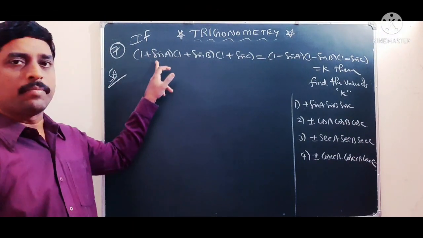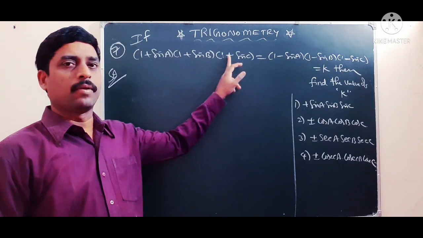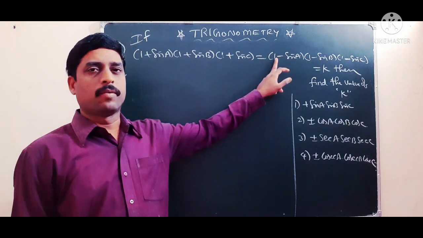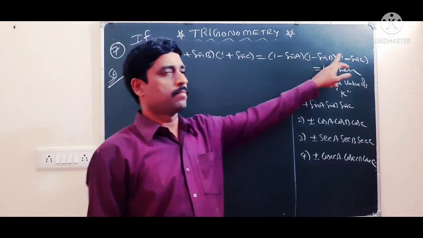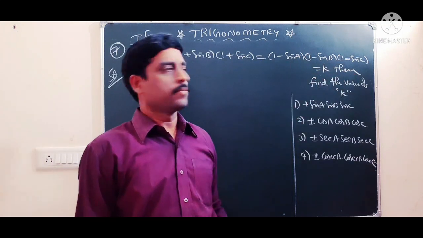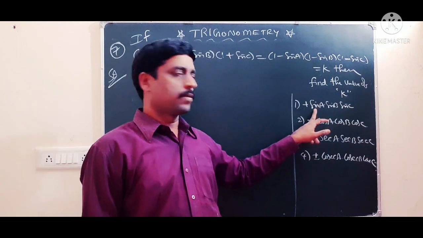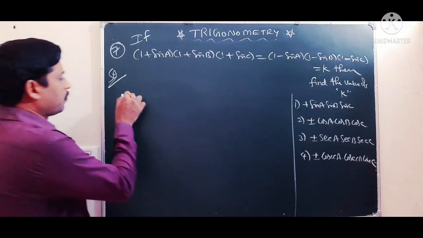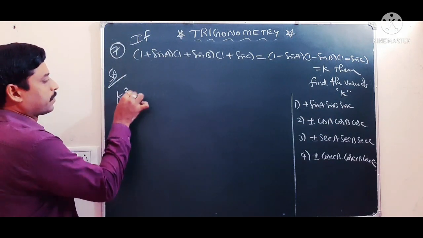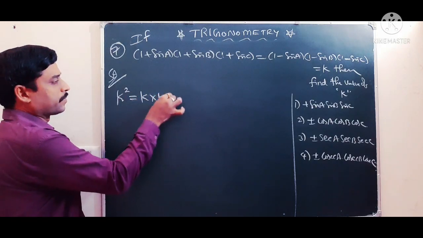In this statement, (1 plus sin A) into (1 plus sin B) into (1 plus sin C), and (1 minus sin A), (1 minus sin B), (1 minus sin C), is equal to k, given. We have to find the k value. Options are given. First we have to find the k square value. K square means k into k.